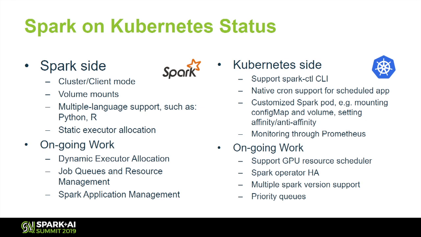The operator also provides a sparkctl command line, which is more convenient to launch your Spark job. My colleague Jimmy will demo a little bit of that. They also provide native cron support for time-based scheduling. Previously Kubernetes was more for long-running services, but now batch mode jobs in a timely scheduled way are supported.